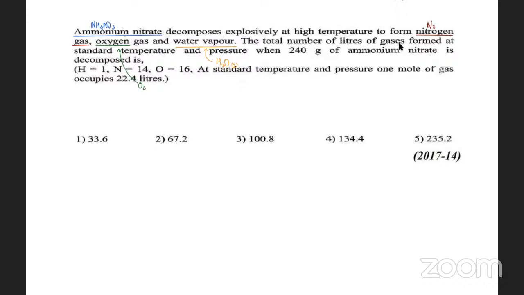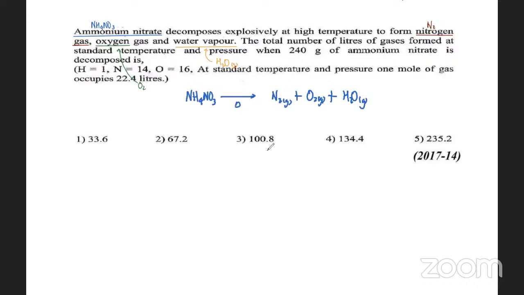Right, let's see. First, let me write the reaction. They have given you the reaction. You should be able to write it. Ammonium nitrate, NH4NO3, is heated, and you get nitrogen gas, oxygen gas, and water vapor, H2O gas.